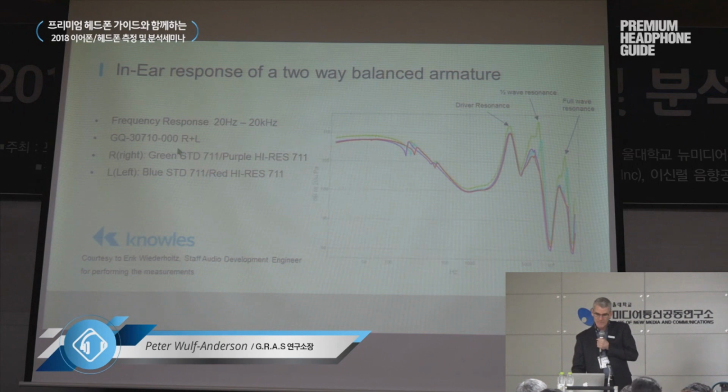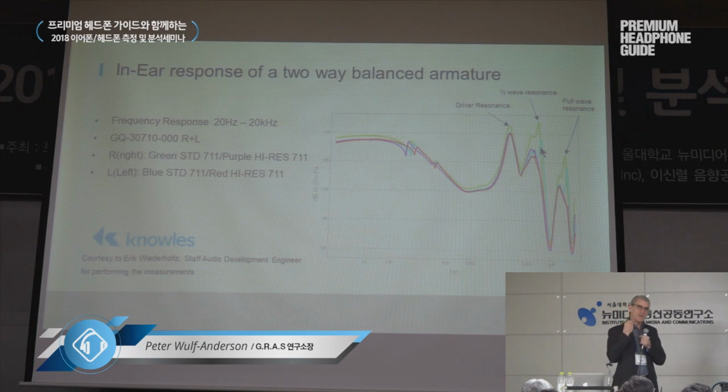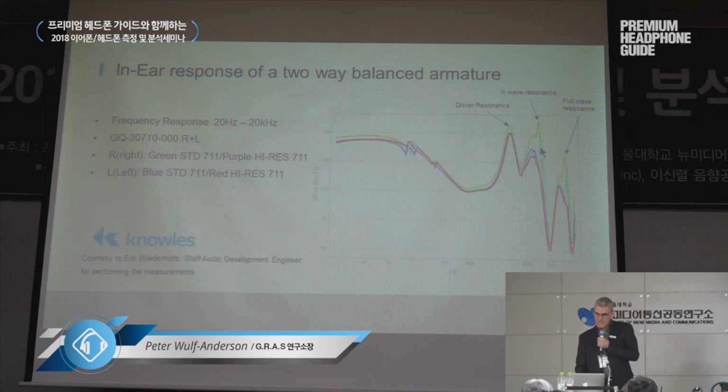So we have the green and the blue curve. These two are measured, right and left channel, with the traditional standard 711 coupler. And we can see that there are some fairly high peaks. Again, some differences between the two channels, but still there is definitely influence from the coupler.